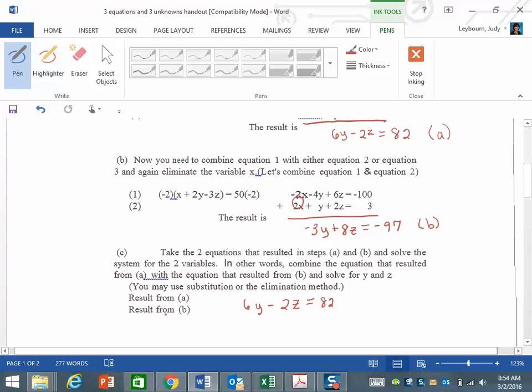And my result from part B was -3y plus 8z is equal to -97. So you can solve those two equations either using substitution or elimination. So at this time press pause, and then when you have solved for y and z, come back and check your work.